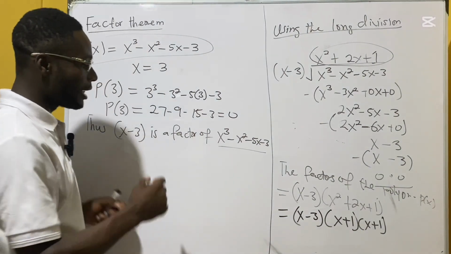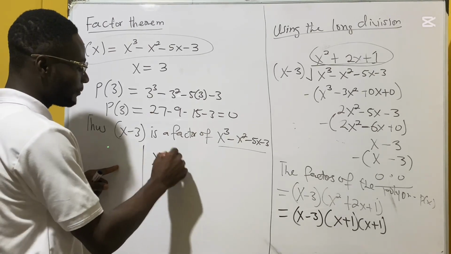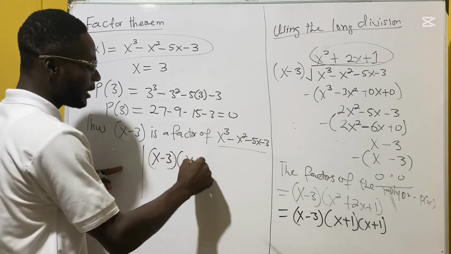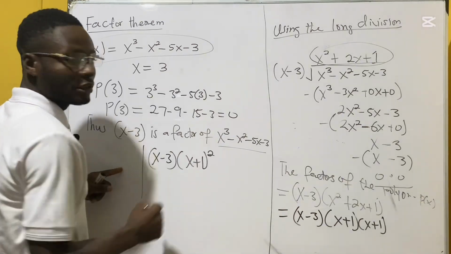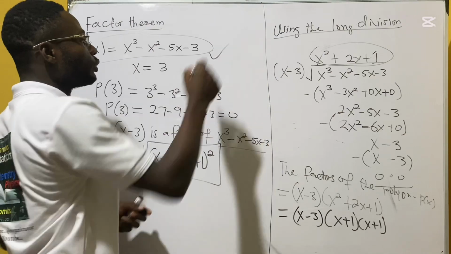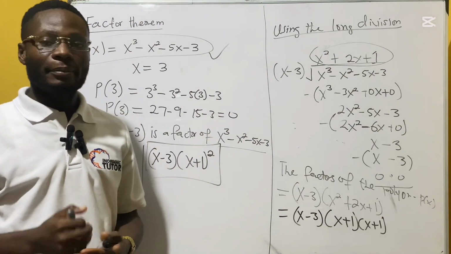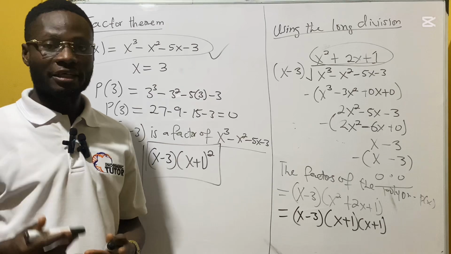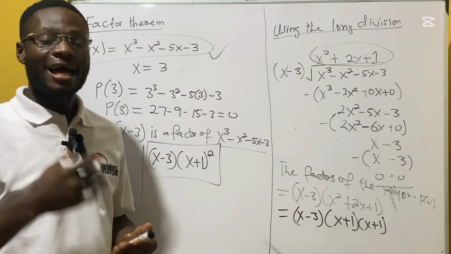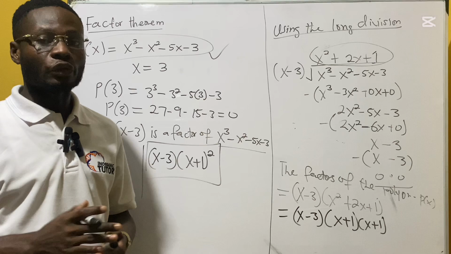When we combine that, we have x minus 3, x plus 1 squared. So this becomes the factorization of the polynomial x cubed minus x squared minus 5x minus 3. The factors are x minus 3 and x plus 1 all squared.